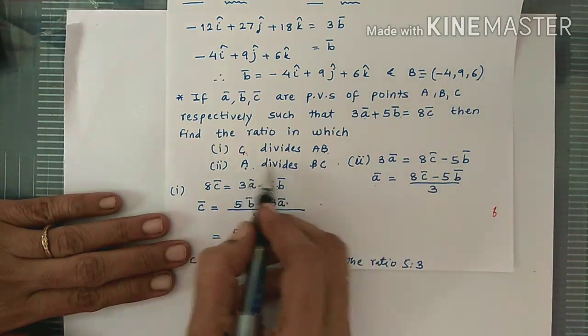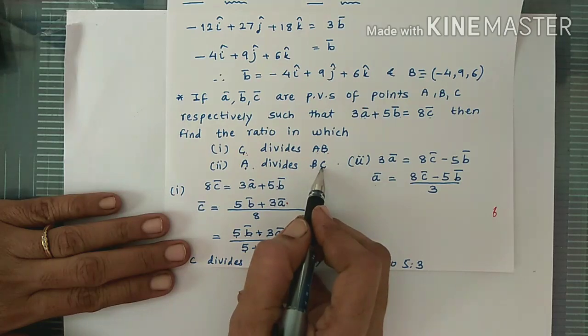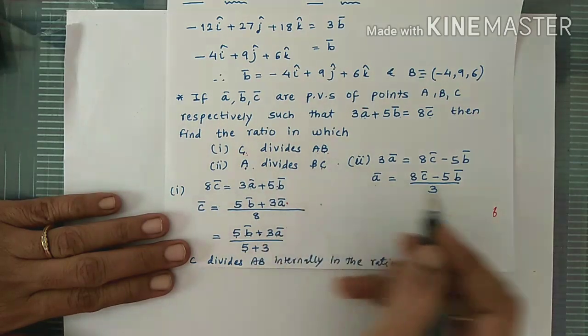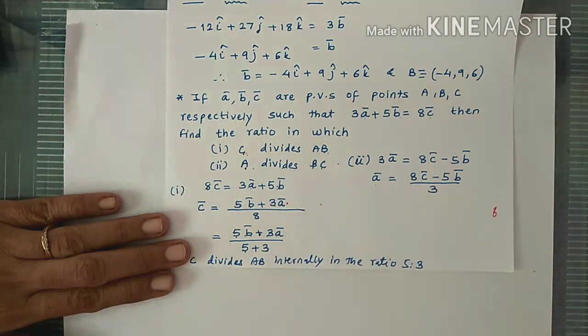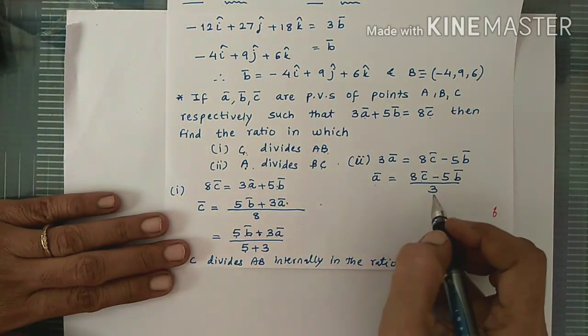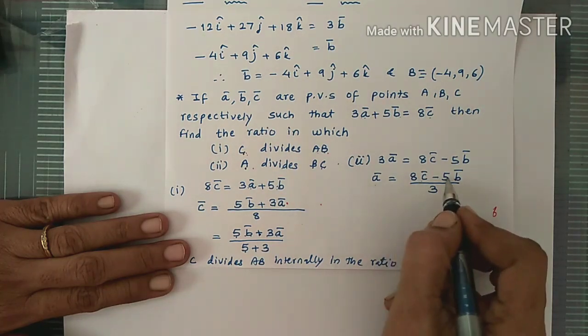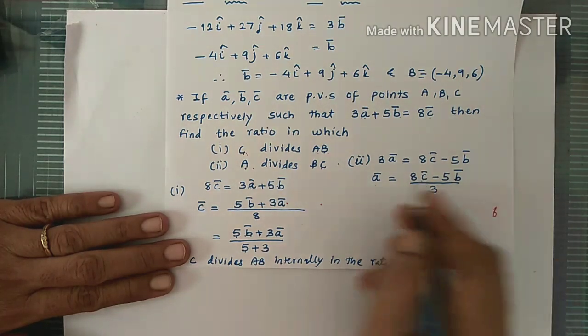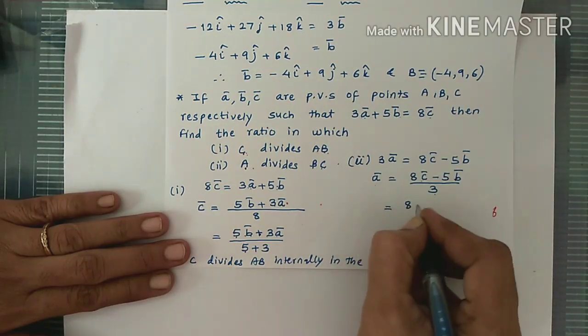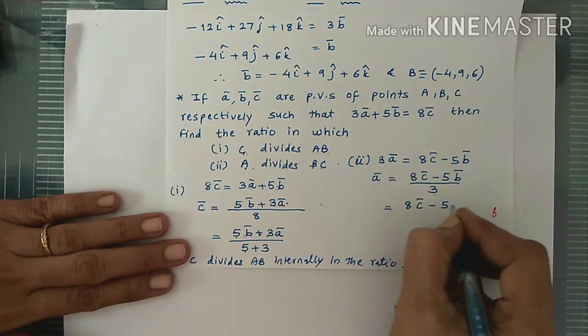A divides BC, that means the final point is C. So we have to write c bar first, and that is our equation. No need to interchange, we have written c bar first only. Now the denominator part. Here we have the coefficients 8 and minus 5, and their sum is 3 only. So write this 3 as 8 minus 5.